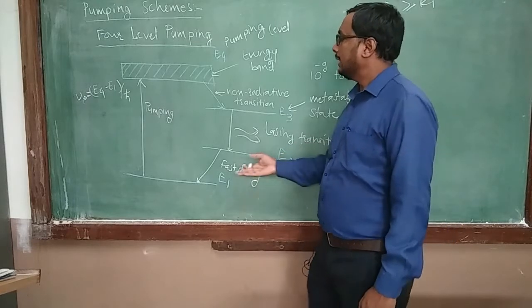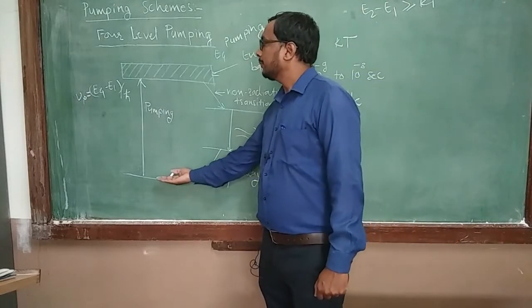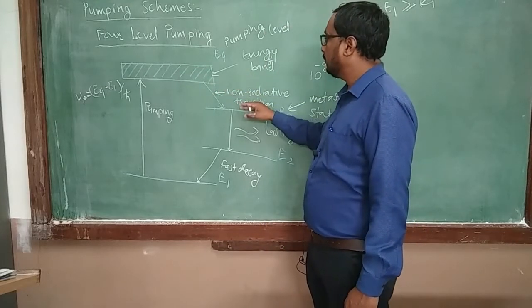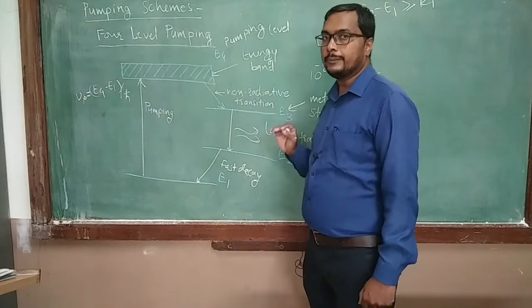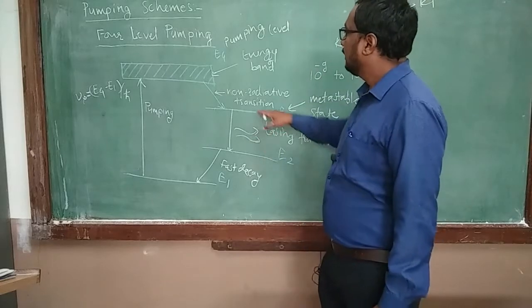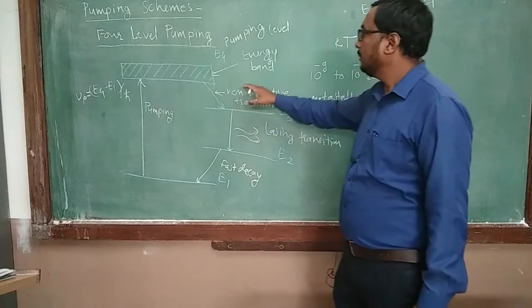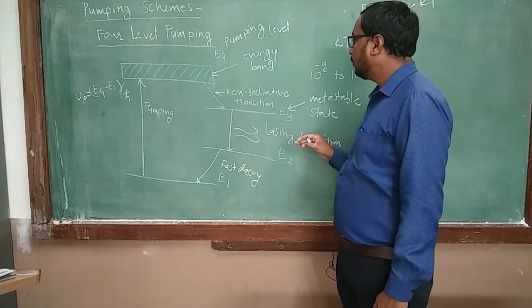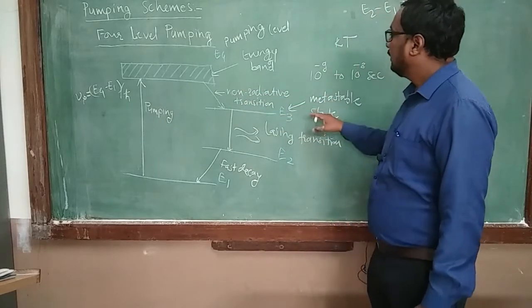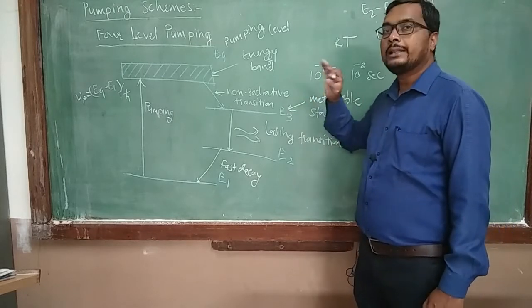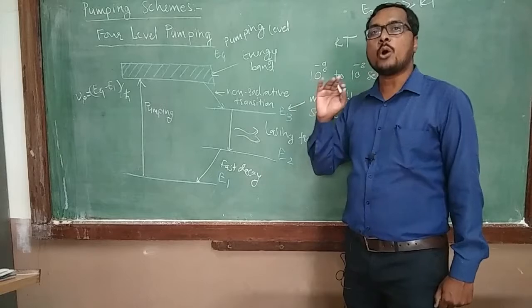right? So when the atoms are lifted from level E1 to E4, the atoms immediately fall to level E3, and this is a non-radiative transition. So the transition between E4 and E3 is a non-radiative transition. Since the level E3 is a metastable state, the atoms stay there for a longer time.